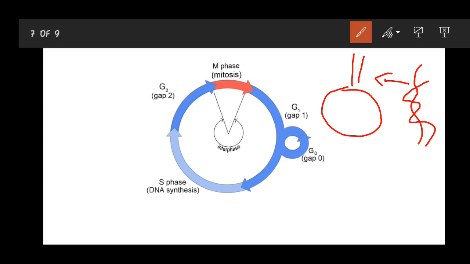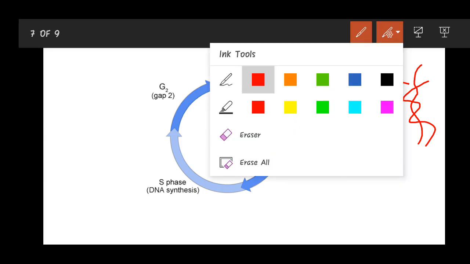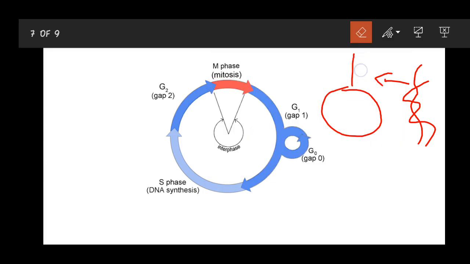So if you have a single double helical DNA, and it is getting compacted, it will form a single solenoid. And in this particular G1 phase, if this is a human cell, you can see 23 pairs of solenoidal threads.